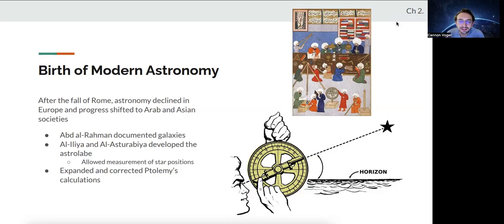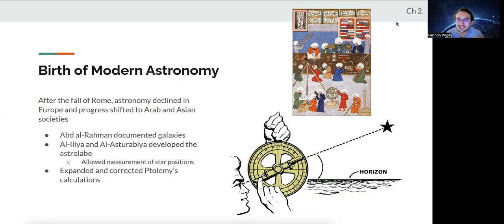But modern astronomy, in many ways, grew out of this period after the fall of the Roman Empire, where Europe entered the Dark Ages, where not much new research was being done. But the Arab and Asian societies continued on their work.